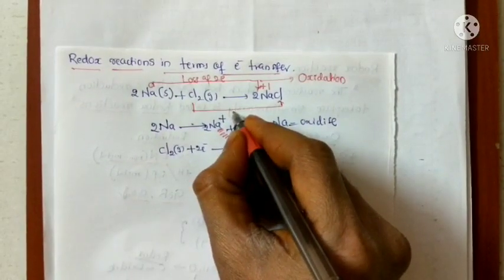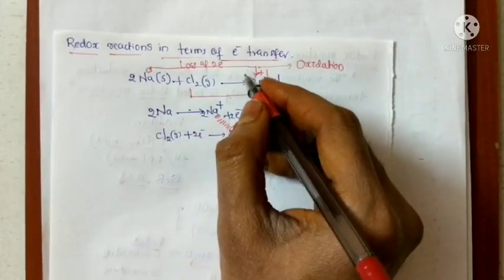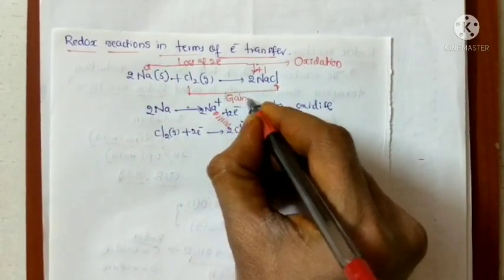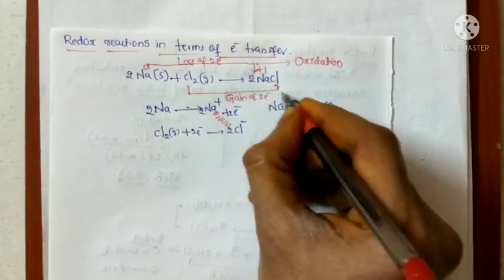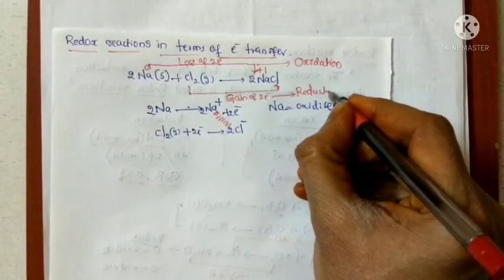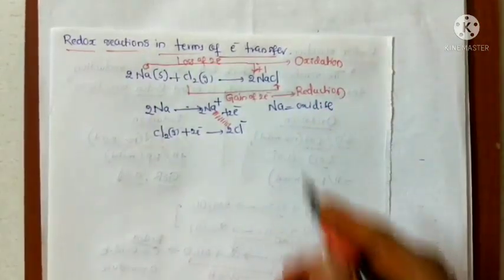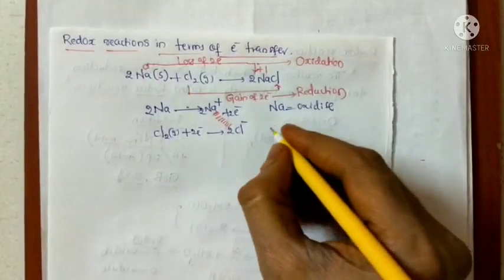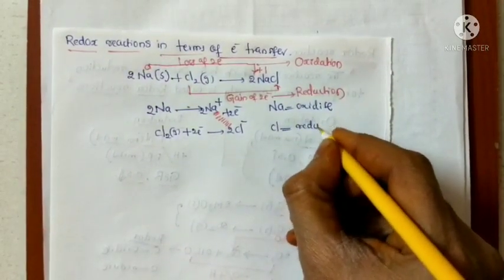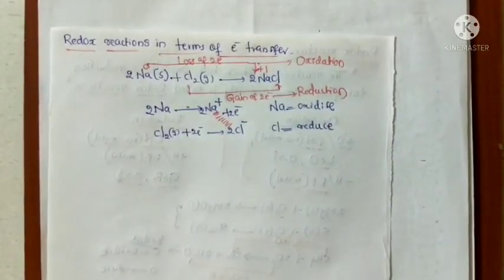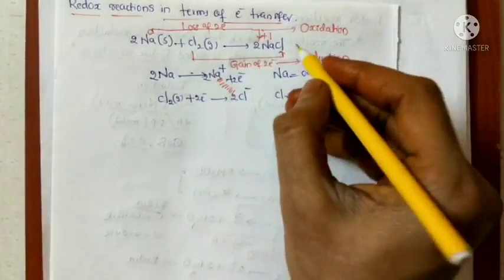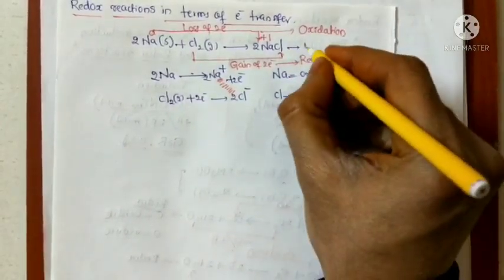Gain of electrons is called reduction, so gain of 2 electrons is nothing but reduction. Chlorine is reduced. Simultaneously oxidation as well as reduction takes place. That's why this reaction is called a redox reaction.